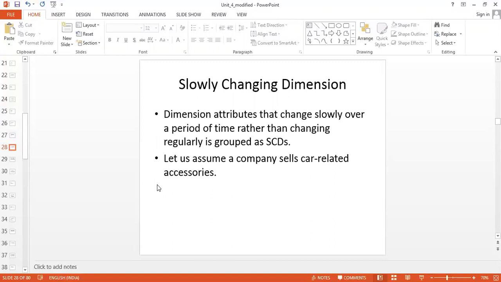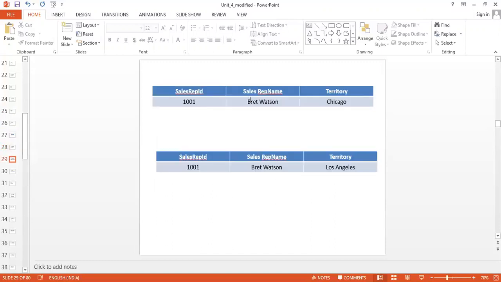So let us assume that a company is selling car accessories. Now have a look at this first table here. The sales representative name is Brett Watson and his ID is 1001. This person was earlier assigned the territory Chicago.